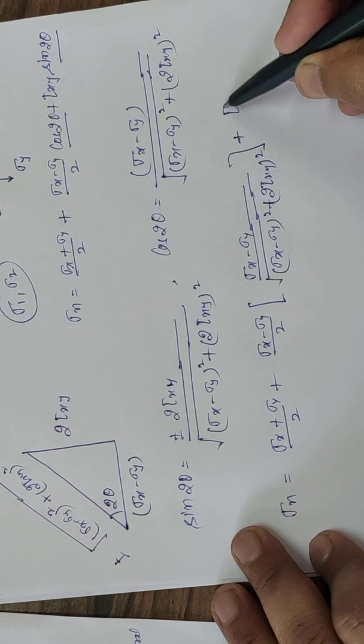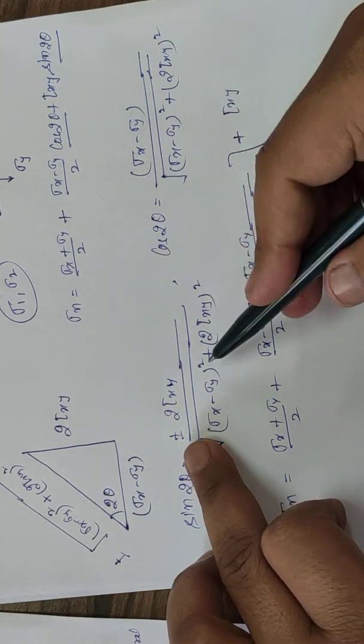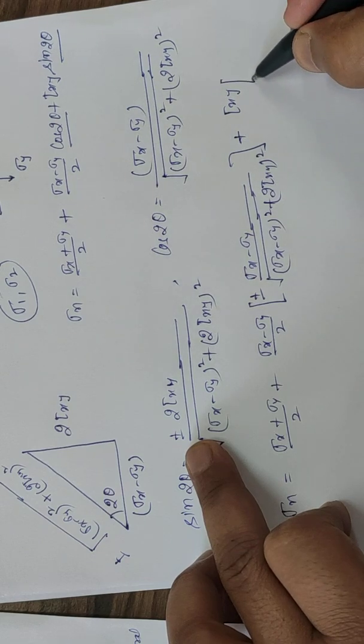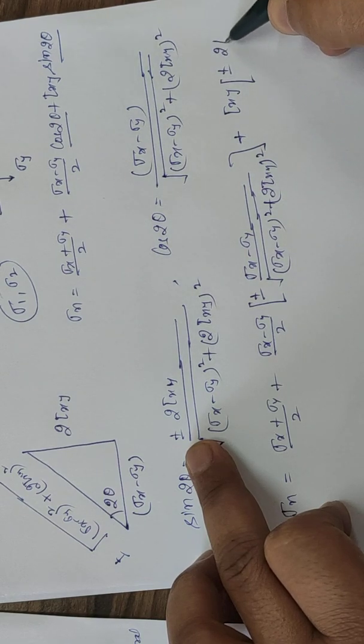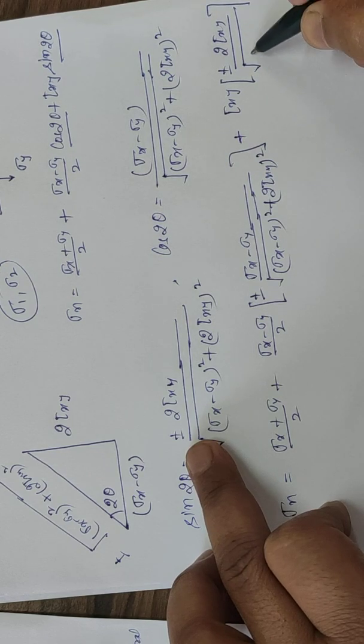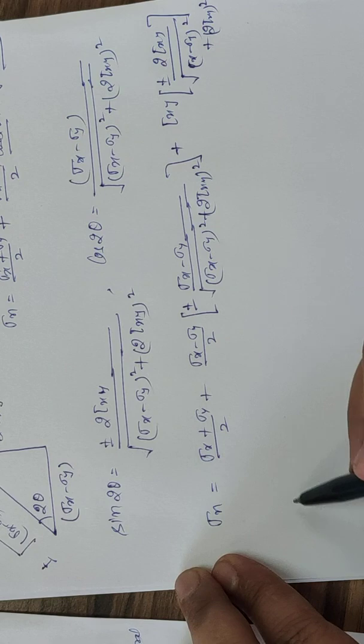Then plus tau xy sin 2 theta, and the sin 2 theta value is plus minus 2 tau xy divided by this large quantity, under root of (sigma x minus sigma y) whole square plus (2 tau xy) whole square. From here we can solve.